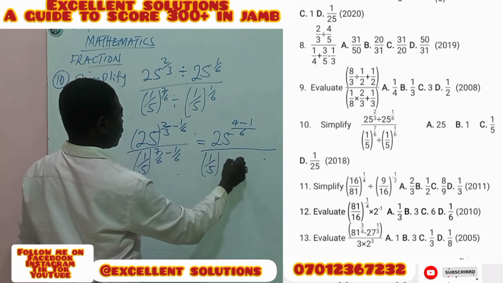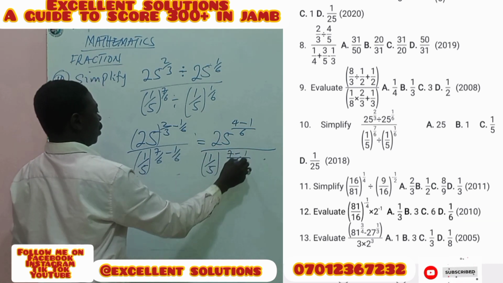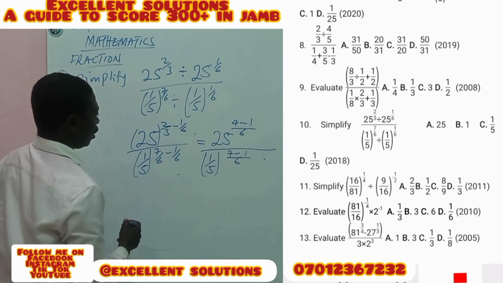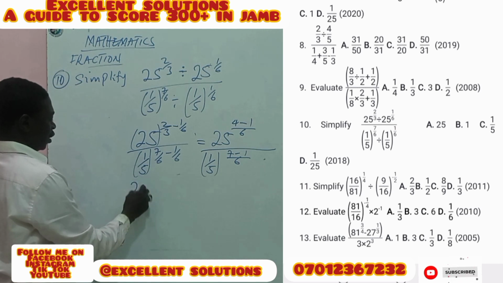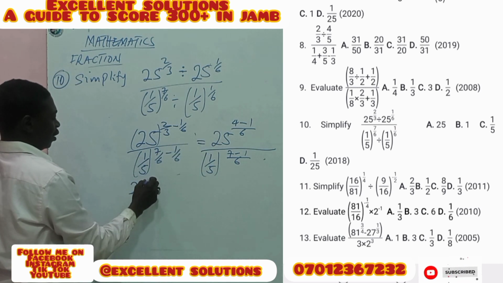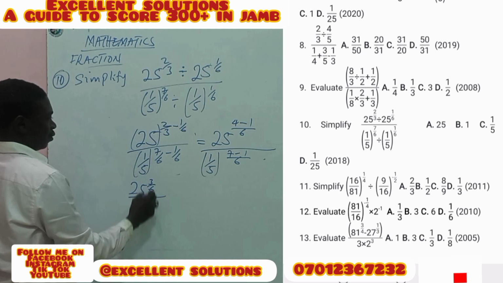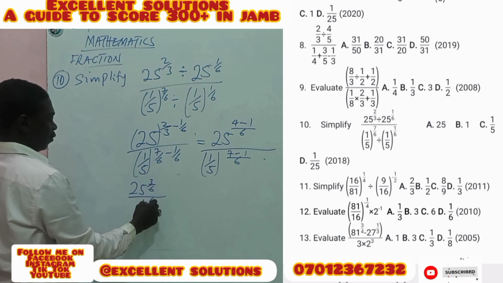So we now have 6 into 7 minus 1 over 6. So this now becomes 25 raised to the power of 4 minus 1 is 3. So we have 3 over 6 over 1 over 5 to the power of 6 over 6.